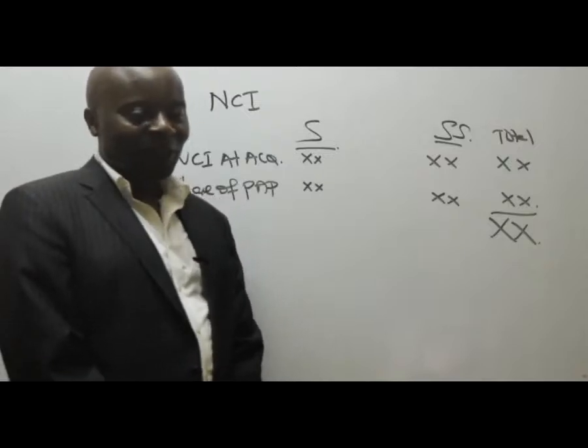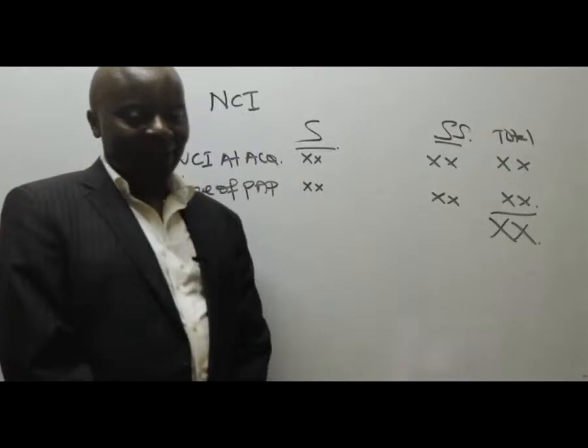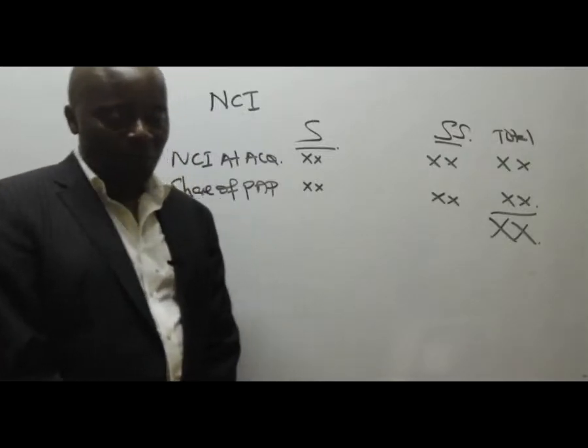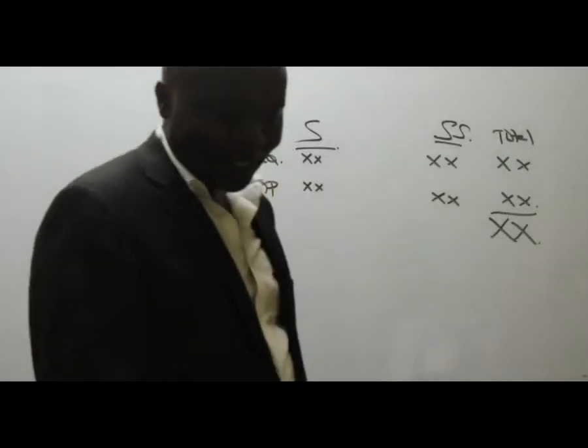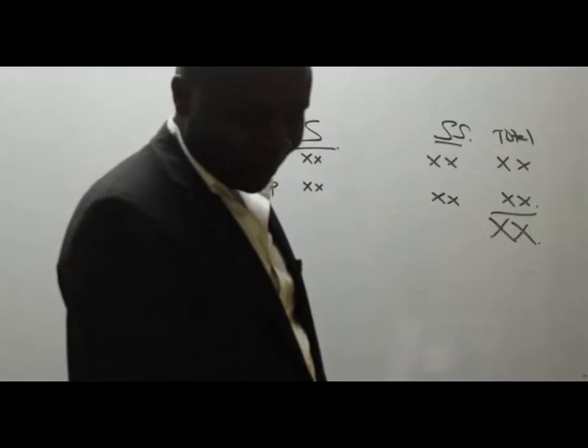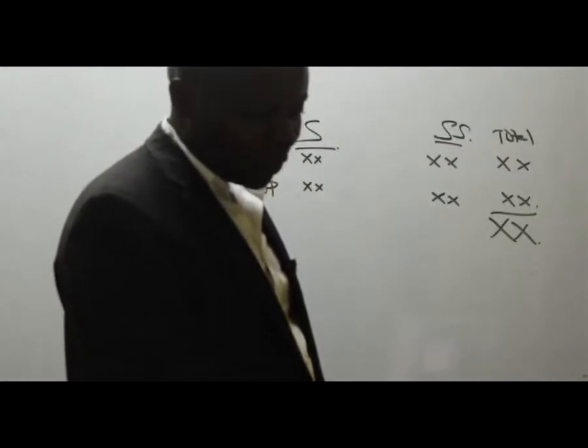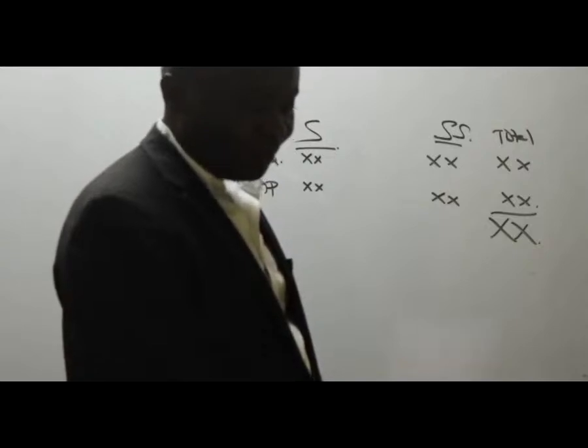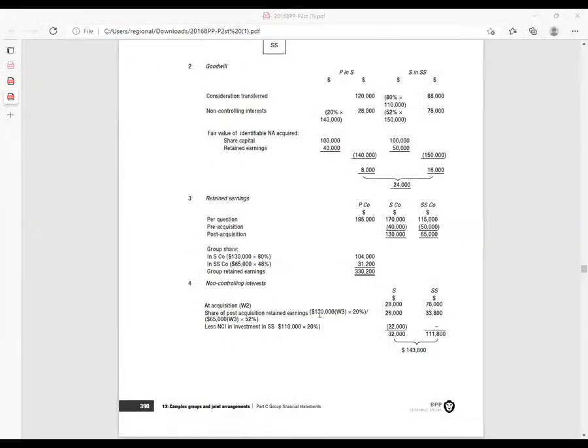I can see good trials there. 163,800. Let's compare notes. Thank you very much for trying, but I can assure you there is some double counting that you have not factored in. If you look at this very well, the non-controlling interest, there is this 22,000 you never factored in.